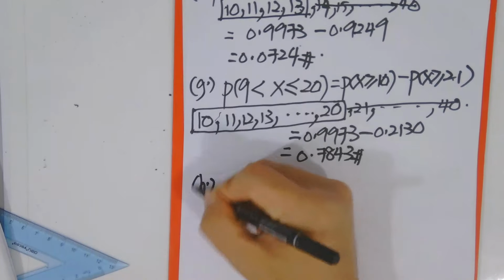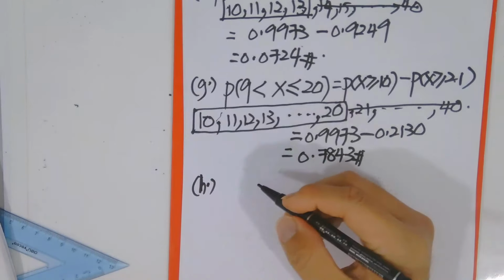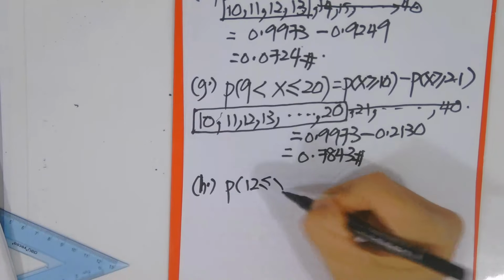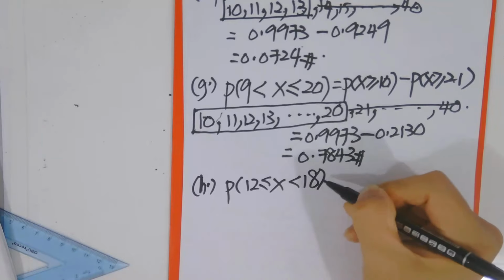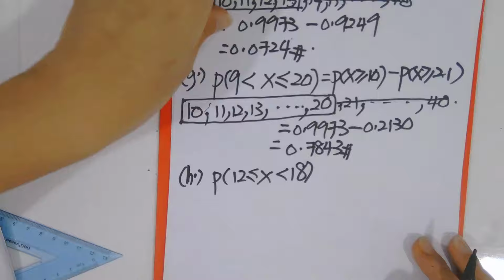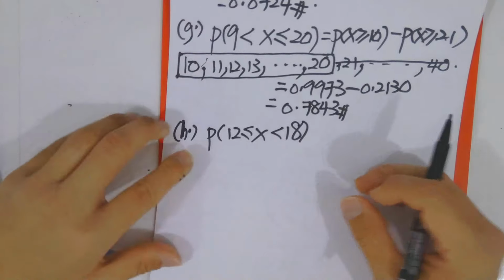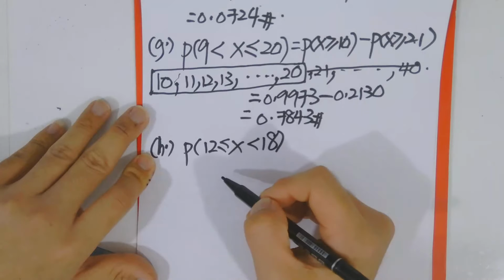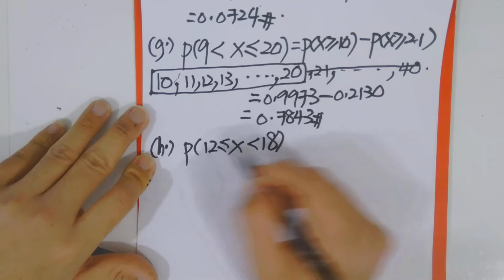Never mind, I will give you more examples. For example, if I have 12 ≤ x < 18, pause the video now. Don't keep looking at the video, it's not of any benefit to you. Now you see you have 12 and 18.